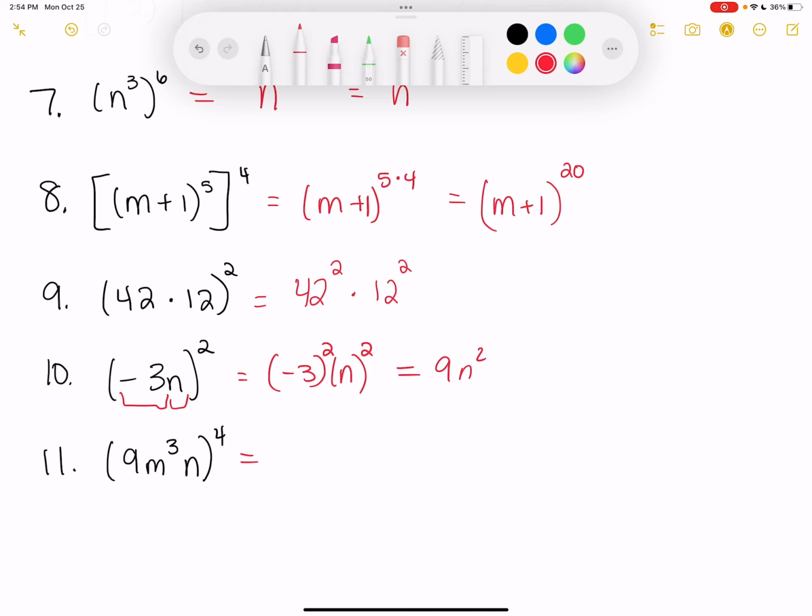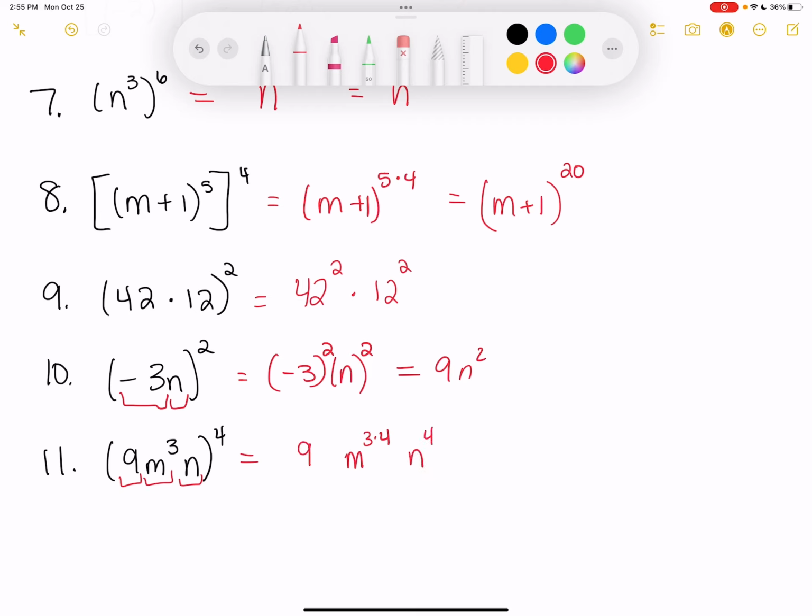So we have 3 individual pieces here. You would do 9m, and then with 3 times 4 over that. The n would just get the 4.